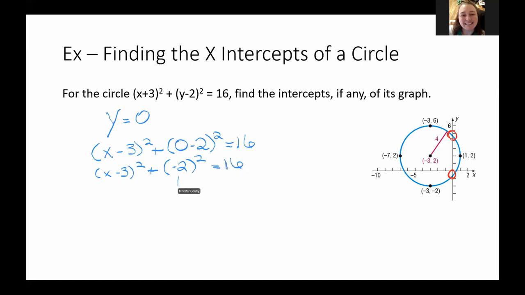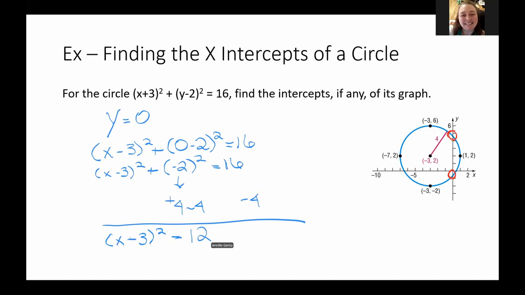So (-2) squared is going to be a +4. Okay, and to get rid of it, we're going to subtract 4 from both sides. Okay, so here we're going to have (x - 3) squared equals 16 minus 4. So that's going to give us 12.